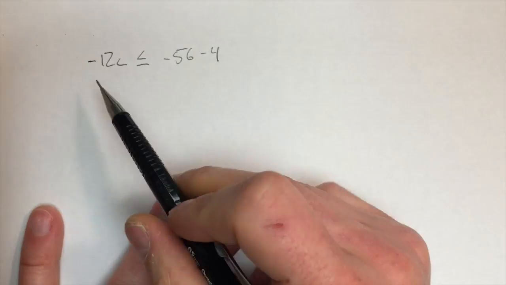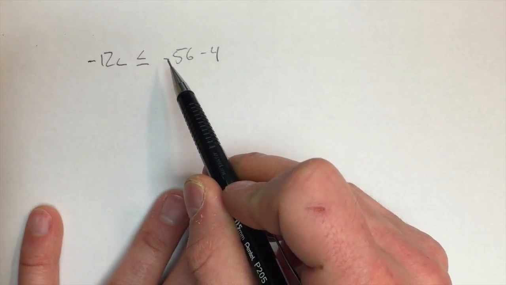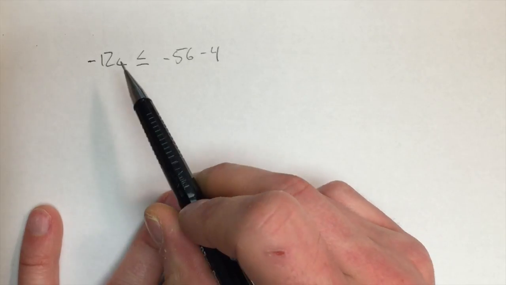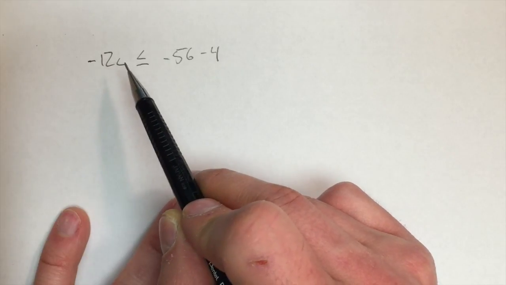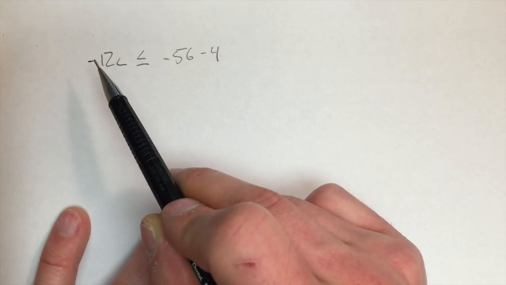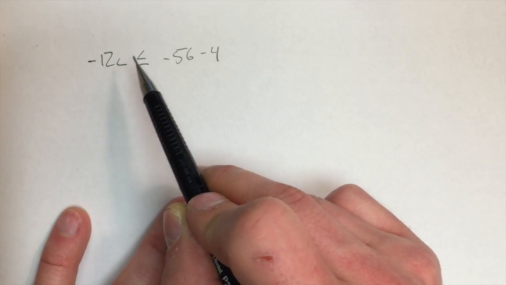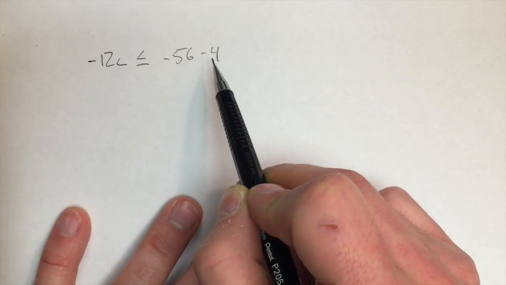Negative 12c is less than or equal to negative 56 minus 4. So this says negative 12 multiplied by c is less than or equal to negative 56 minus 4.